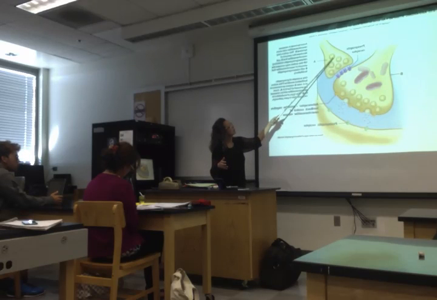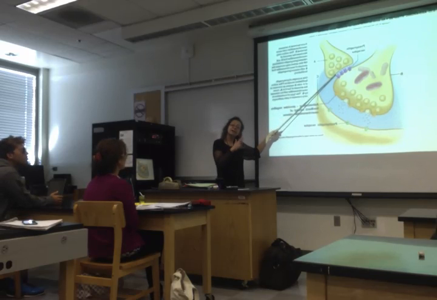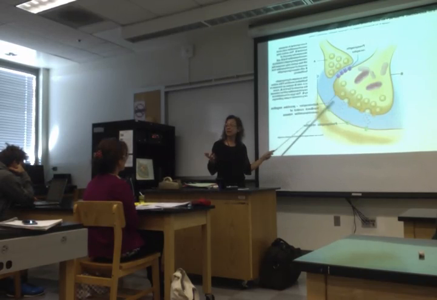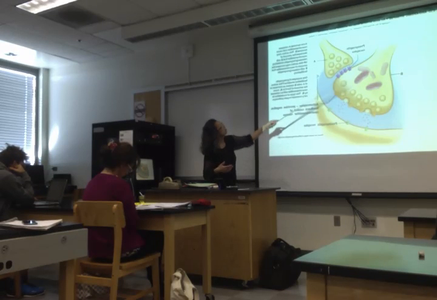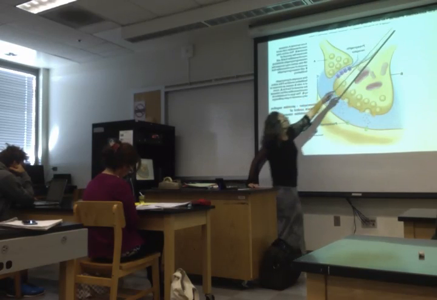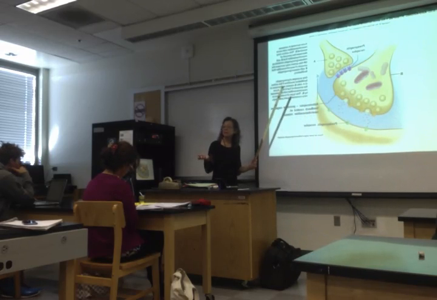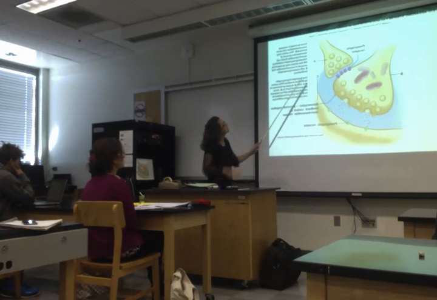We create a little mini side synapse, and this side synapse will control what's going to happen at the big main synapse. We call this an axo-axonic synapse, like axon to axon. That makes sense.